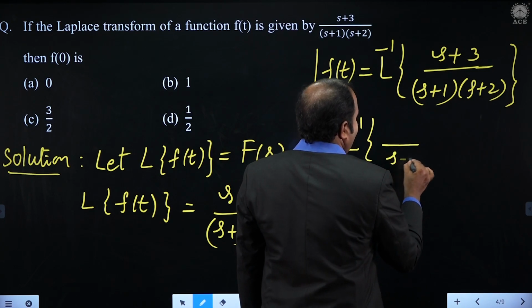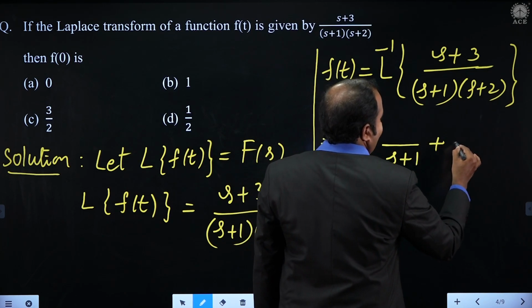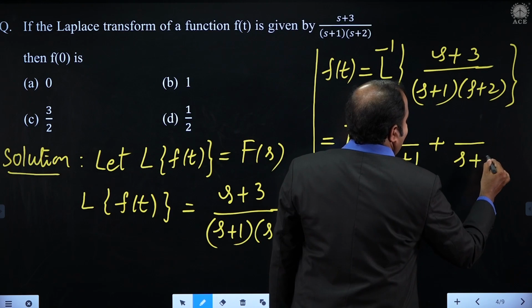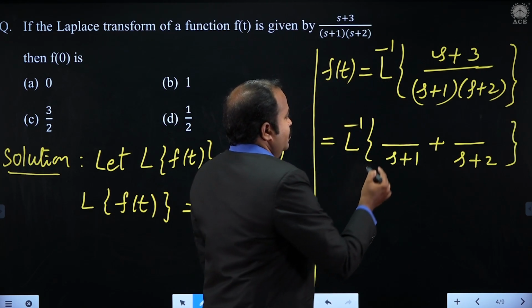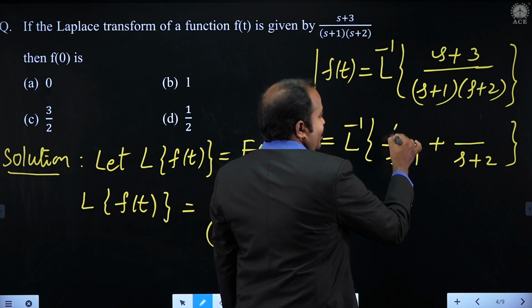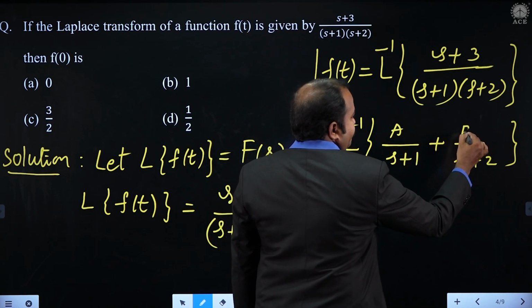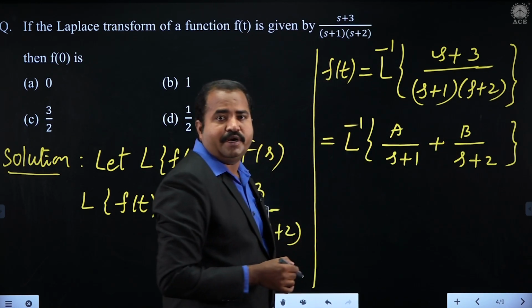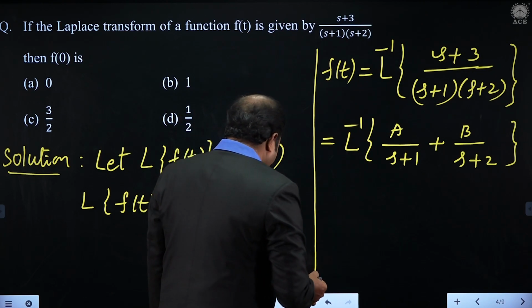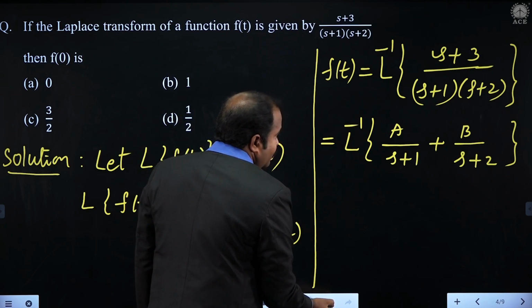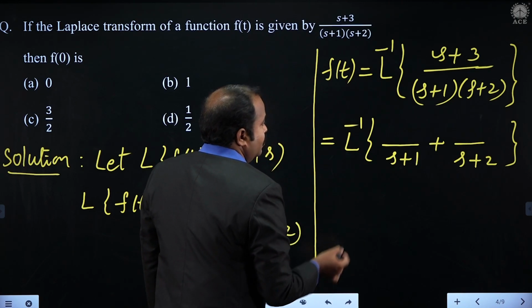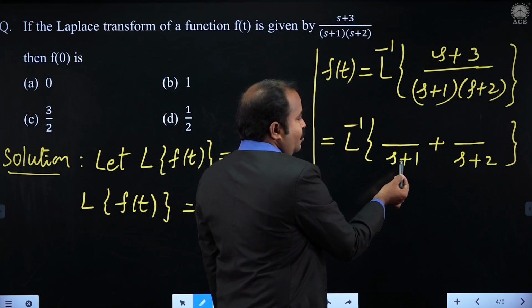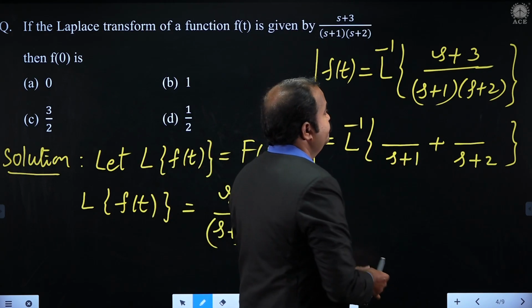we can use partial fractions to simplify this one. So look at it as A by s plus 1, B by s plus 2. So generally we write like A and B values are required. Am I right? For that we have a simple technique, right? s plus 1 is 0 for s equal to minus 1.